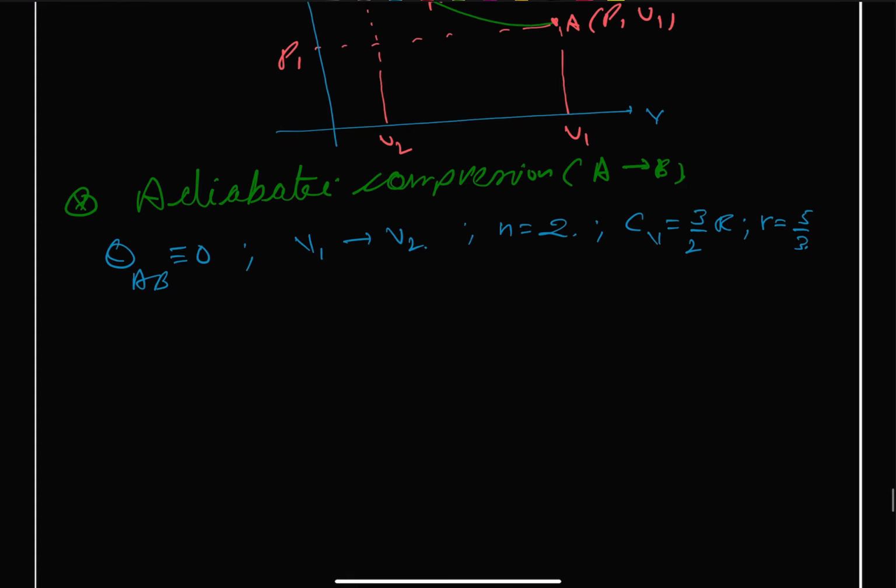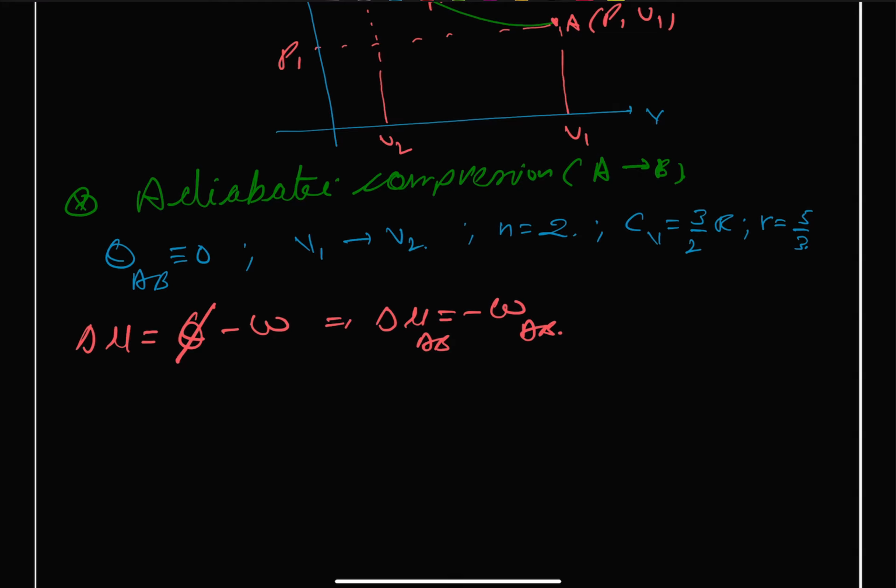So by first law of thermodynamics, delta U is equal to Q minus W. This Q is 0, so delta U is equal to minus W. We can write this as delta U of AB and work done of AB.